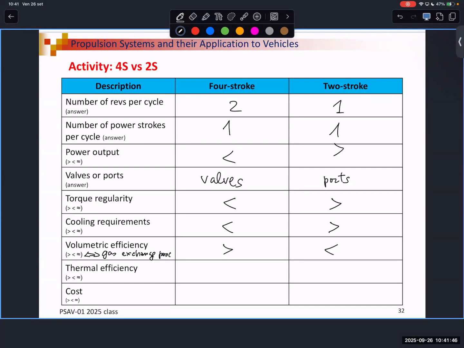Thermal efficiency, we can also talk about fuel conversion efficiency. So this is the final efficiency of the engine. What can you expect? 4 stroke is better for the gas exchange process.